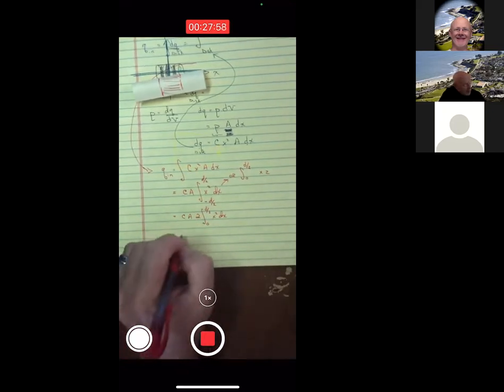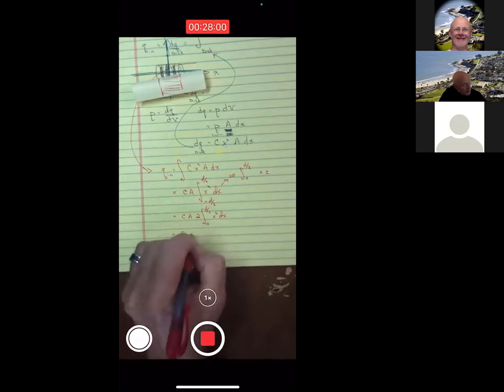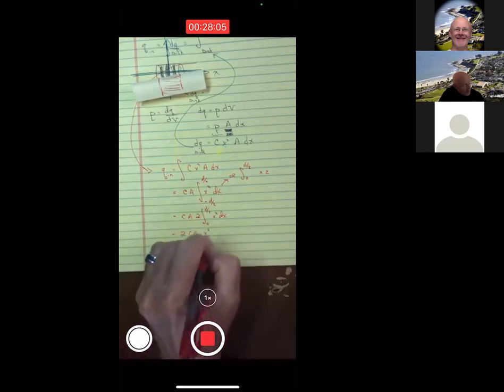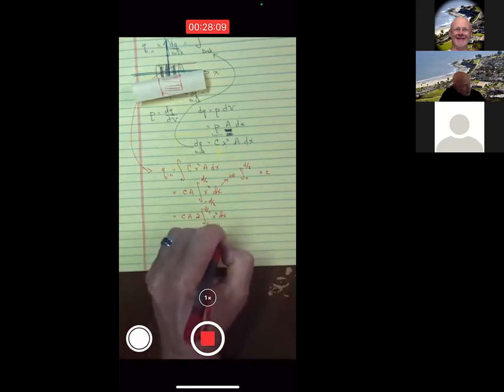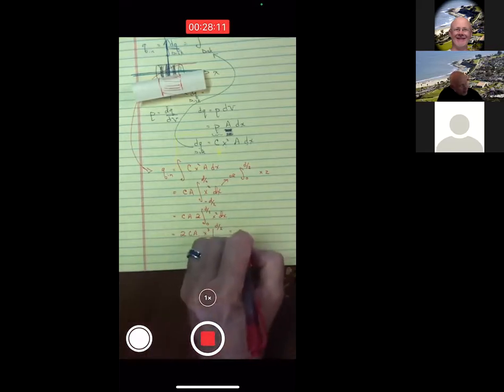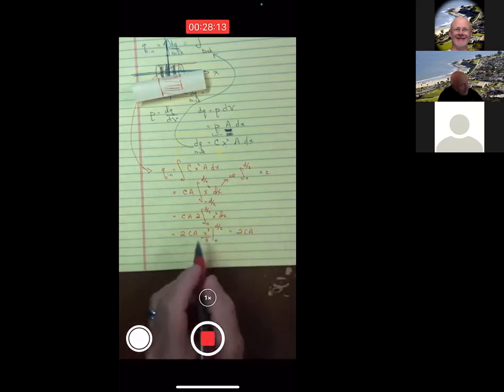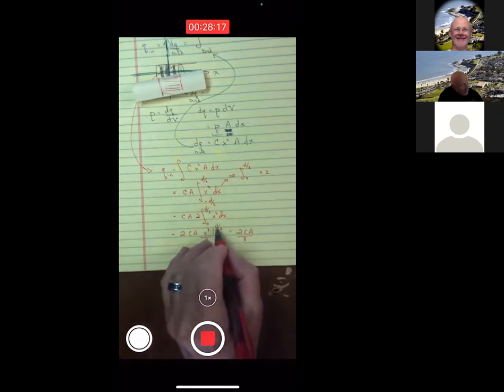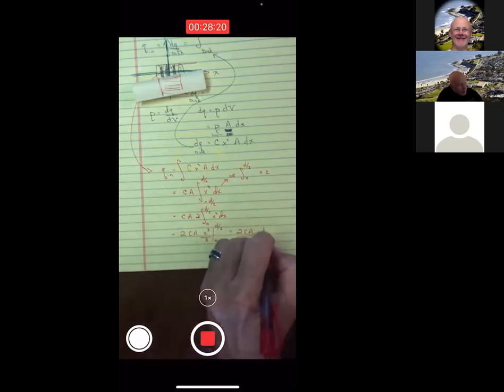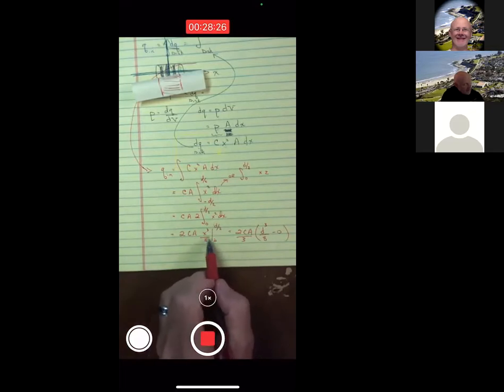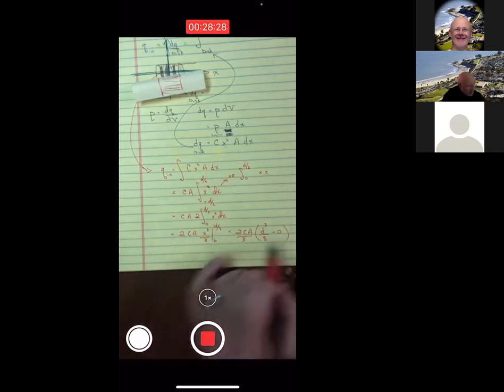And so usually we write the number first, so I'll put a 2, a C, and an A. And then this would be x cubed over 3, evaluated from 0 to d over 2, times CA again. And then I'll move the 3 over here. Then I will have d over 2 cubed, so that would be d cubed over 8 minus 0. That's the nice thing about going to 0. I don't really have to mess with that too much.